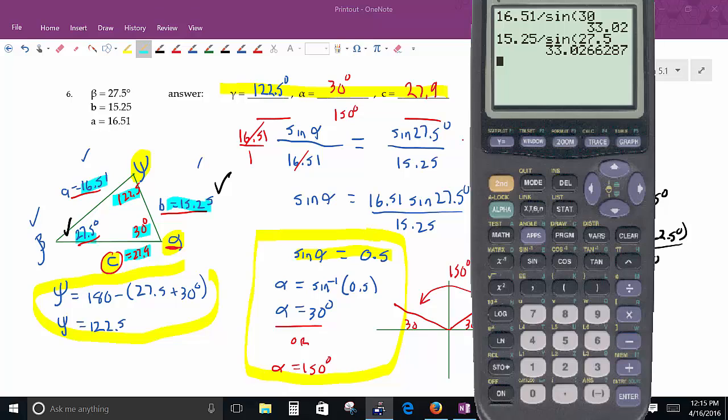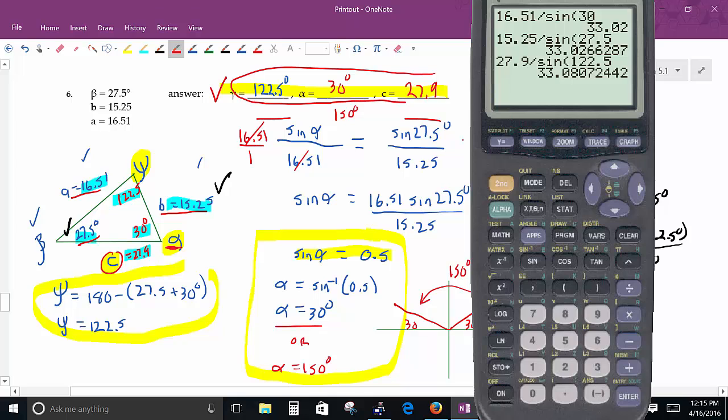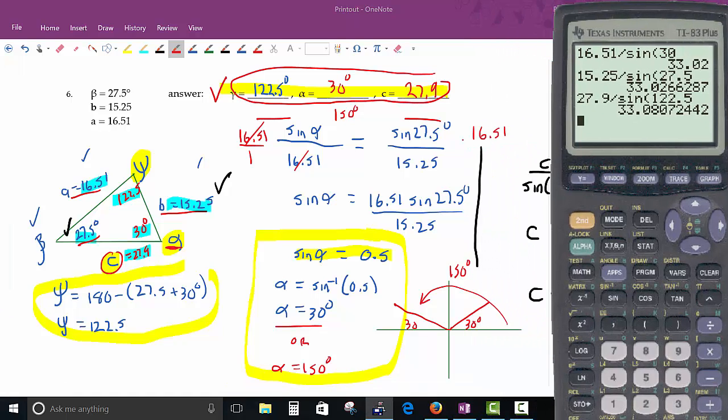So you get the same thing. And then finally, side C, which is 27.9 divided by the sine of 122.5. That means that is a valid answer to the problem. So we've now got our first answer. Now we just have to find the second.